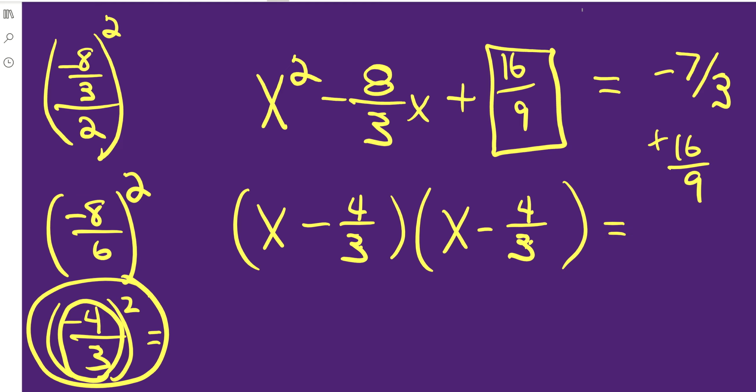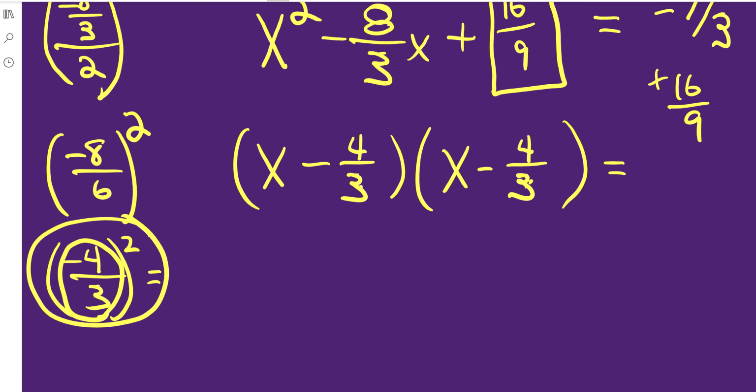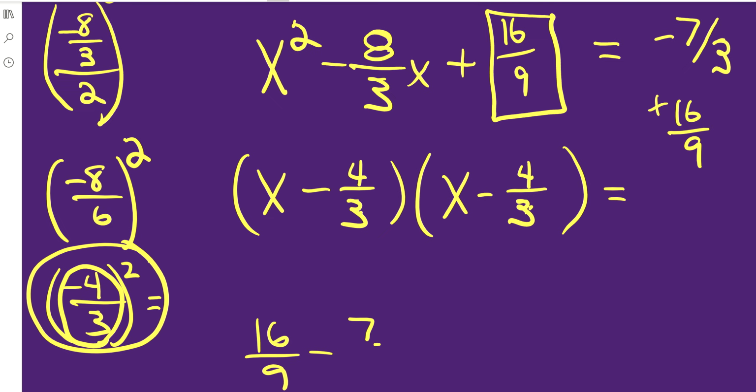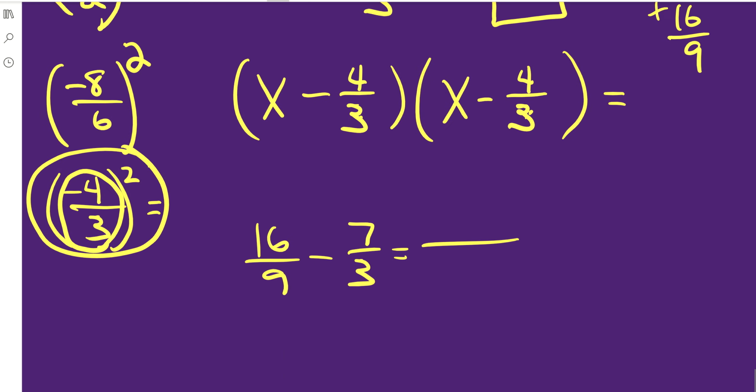This is 16 over 9. Let me try it here for a moment anyway. 16 over 9 minus 7 over 3. Okay, I'll make my denominators 9 by multiplying the 7/3 by 3 over 3.